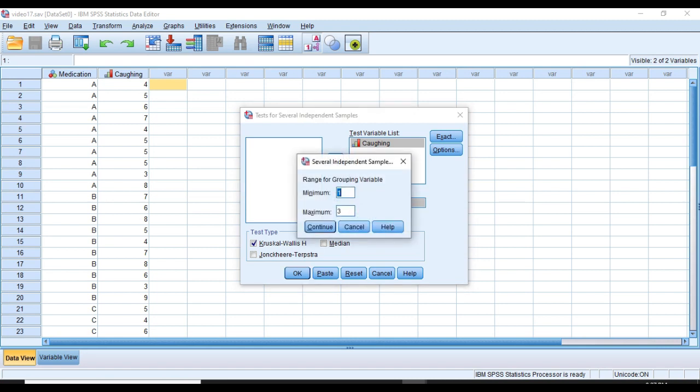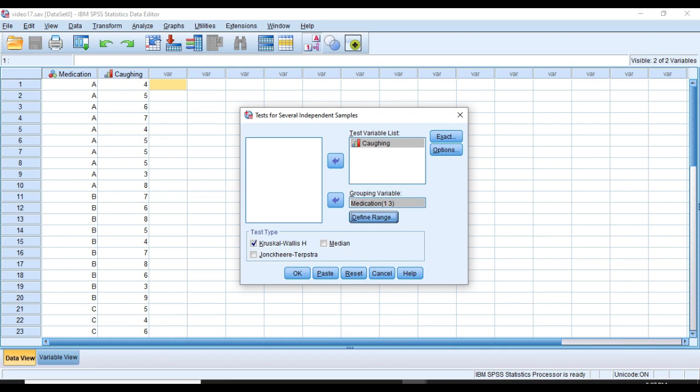And now click on the Define Range button and enter 1 into the minimum box and 3 into the maximum box. These values represent the range of codes we gave the groups, and since we have 3 groups and we want to analyze and compare all of them, we went from 1 to 3.